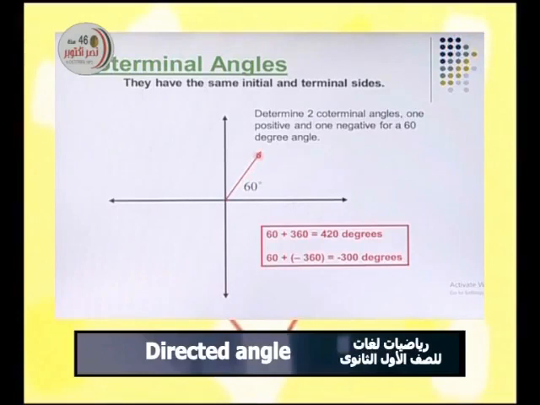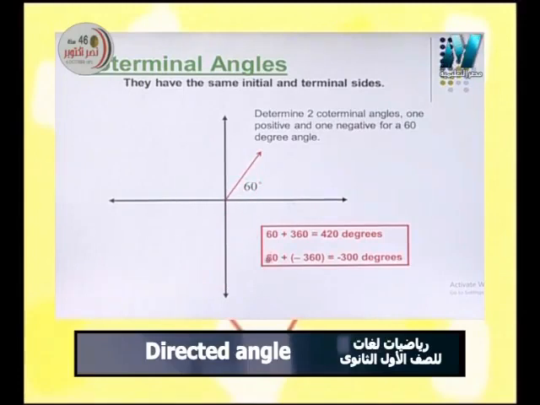What do we do to find two angles, one positive and one negative, coterminal to 60? We add 360 to 60, so the answer will be 420 degrees. The angle of measure 420 degrees is equivalent to 60 degrees because it turned another complete round and returned back to the terminal side.